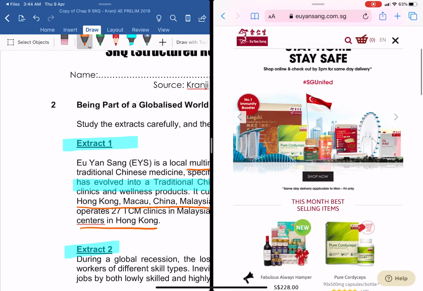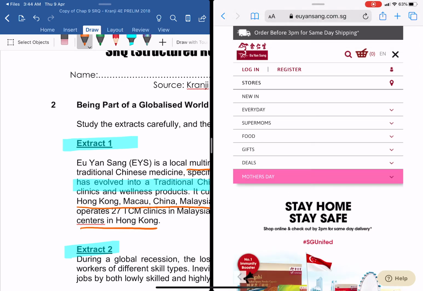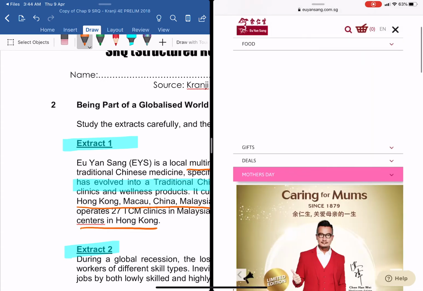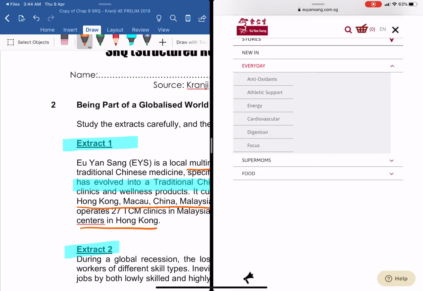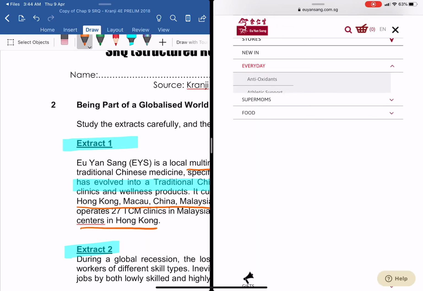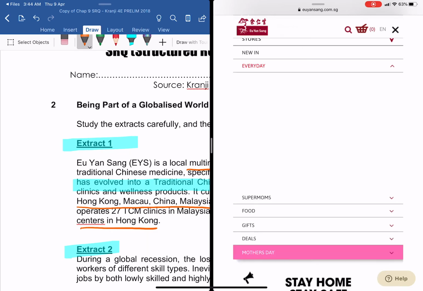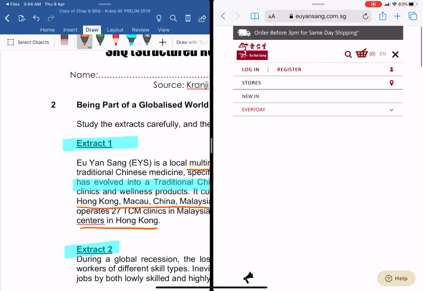But what is interesting and very innovative is under the everyday section. Oopsie. Okay, wait. Let me just look at this.